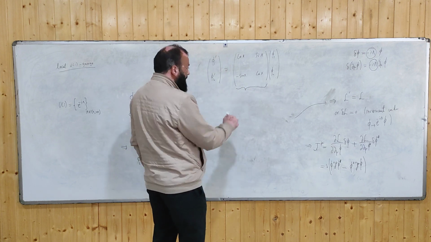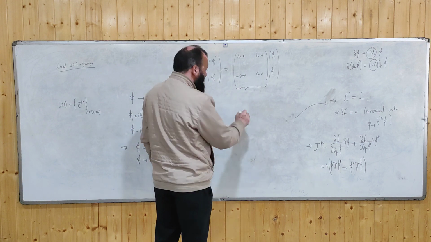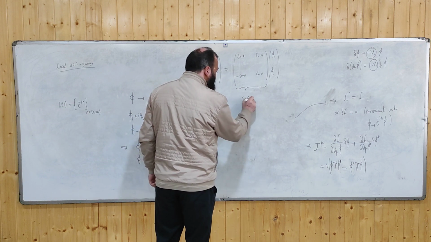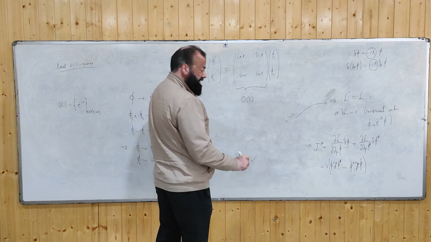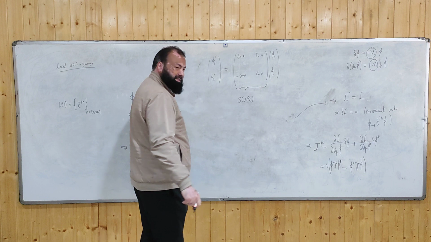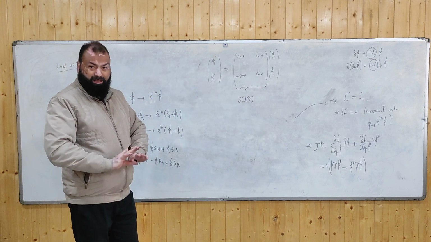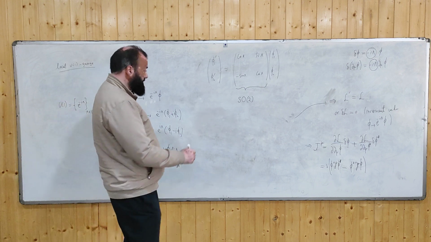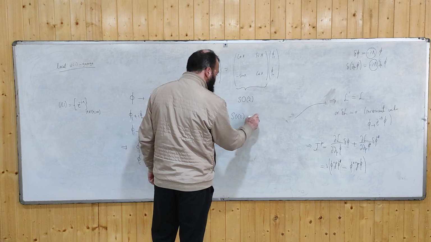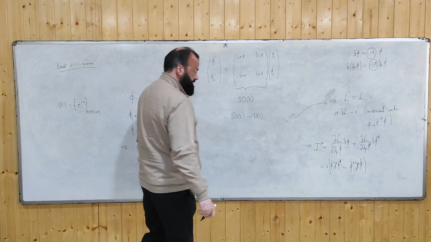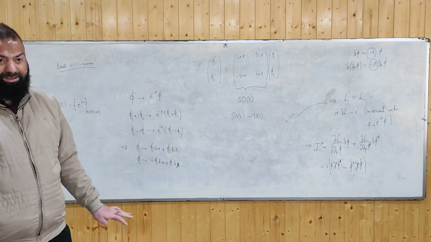What is the determinant of this matrix? That is 1. So if I call this an orthogonal transformation in 2 dimensions, but with determinant equal to 1, I will write it as a special orthogonal transformation in 2 dimensions. Got it? Therefore SO2 is isomorphic to U1. They have the same kind of transformation.